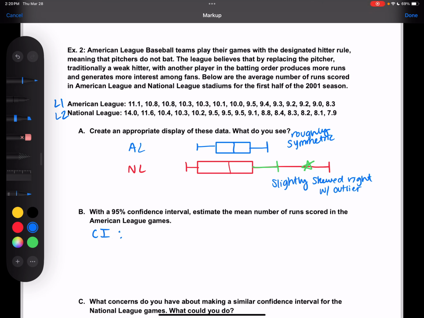Now, I don't have enough information without running one variable stats to actually find all this information. Once we do it on the calculator, we'll plug in the numbers by hand so you'll see what it would have looked like, but I would have to run one variable stats first to fill in everything that I need. So run a 95% confidence interval just for American League.